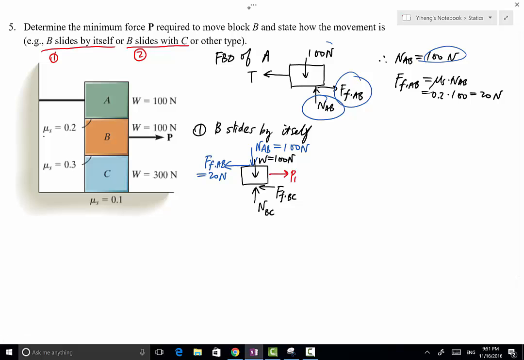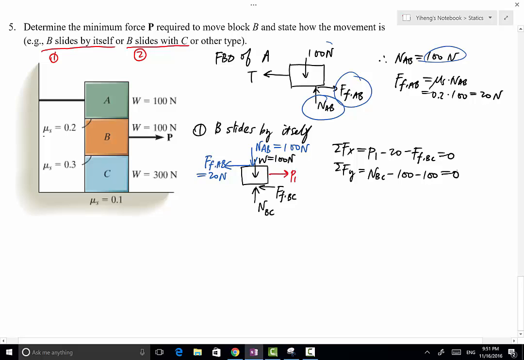So again, we can write our equilibrium equations. Resultant force along the x direction: P1 minus 20 minus FBC equals 0. Resultant force along the y direction: NBC minus 100 minus another 100 equals 0. One of them is a weight, the other one is NAB.